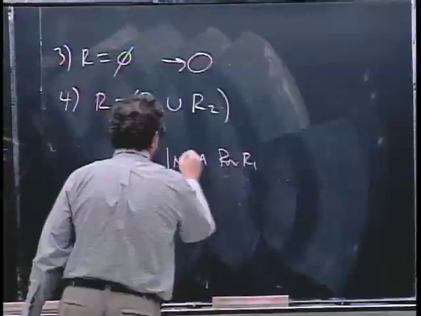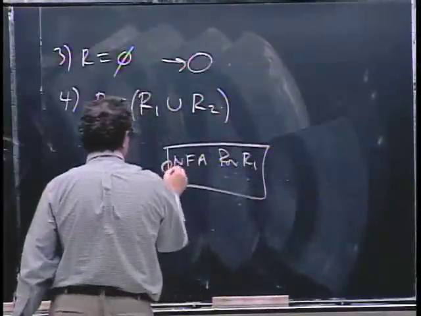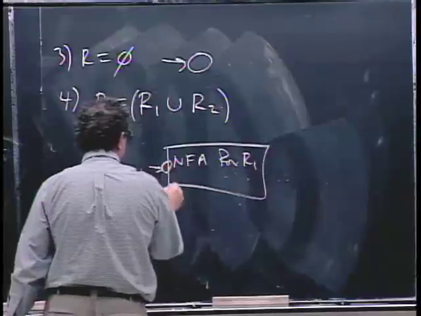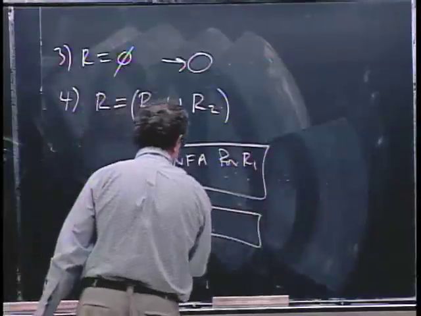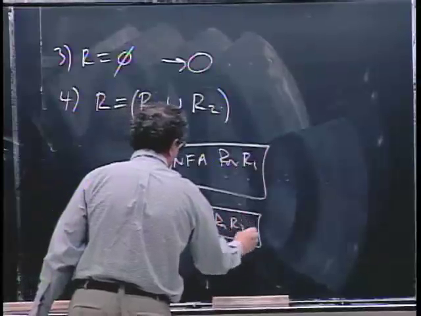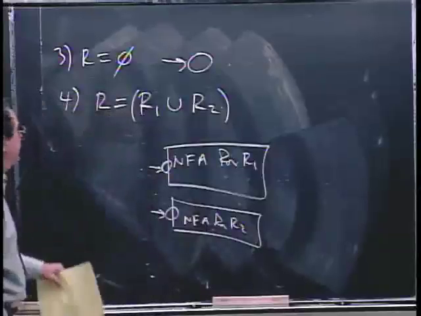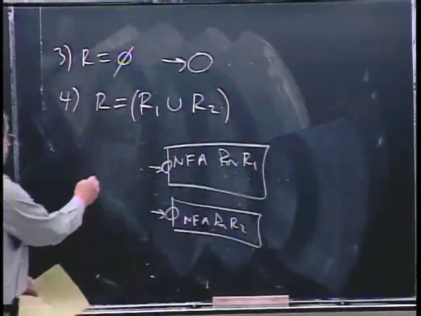We just, here's the NFA for R1, and it has some start state, okay? And here's the NFA for R2, and it has some start state, okay? But we want the NFA for the union of these, and we've seen this before.